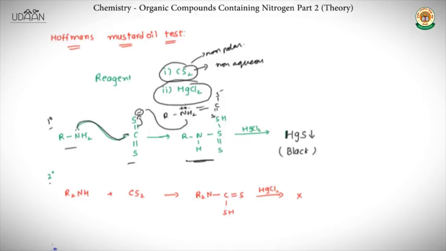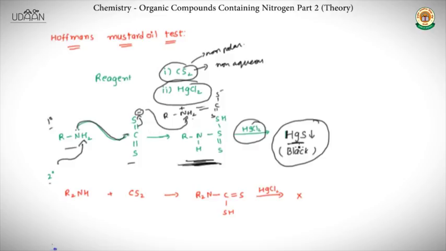So this sulfur takes hydrogen from this nitrogen, and you are going to get this one. Now the same is the case with this hydrogen too. Some more molecules take up this hydrogen, and you are going to get this compound. Now if you treat it with HgCl2, you are going to get a black precipitate, which is HgS.